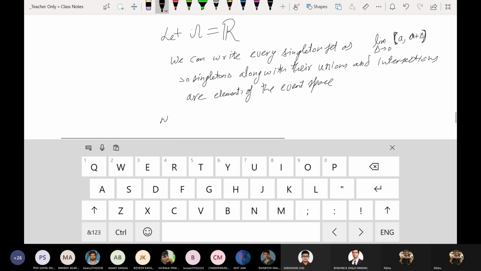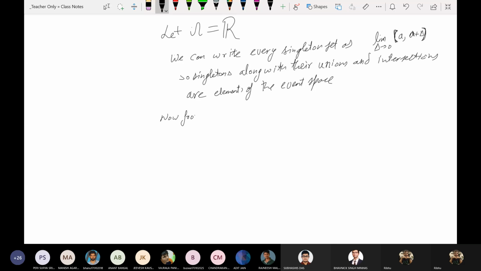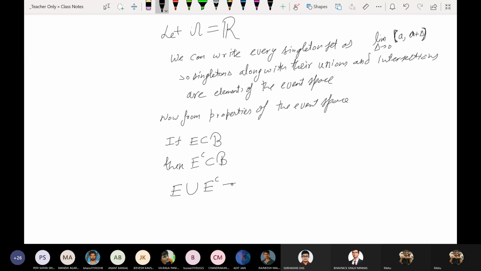Now, from the properties of the event space: if E is a member of the event space, then E complement is also a member of the event space. Fine. E union E complement.